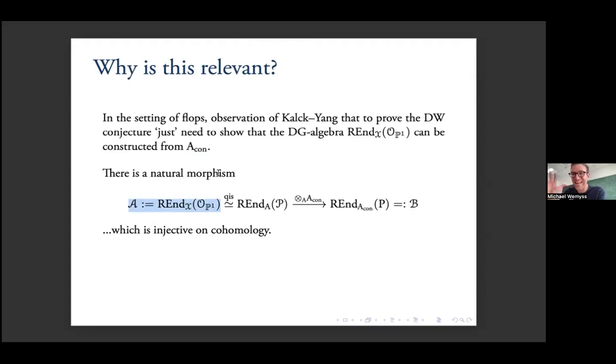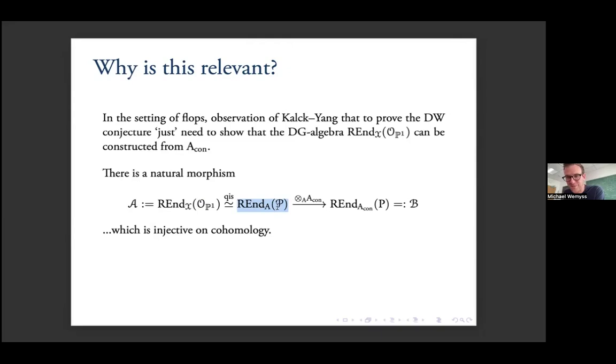This is A. By the derived equivalence, this object that you want to build is really the endomorphism ring of some really nice projective resolution. So this is a lovely, lovely projective resolution. And since Acon is a factor of the NCCR A, there's a very natural functor.